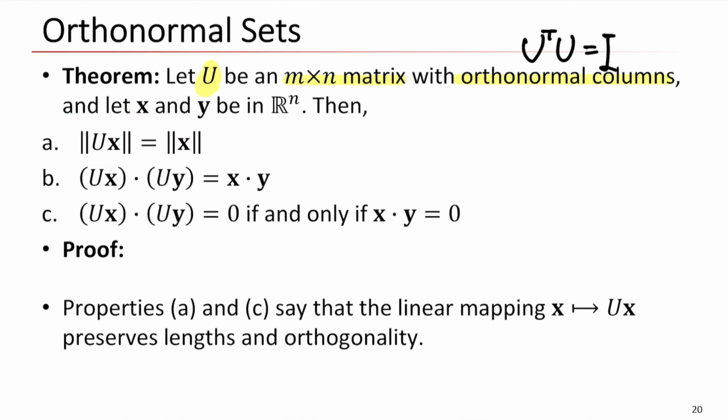Then let x and y be in Rn space. Then there are three properties. First one: the length of the matrix U times vector x is equal to the length of x. Okay.